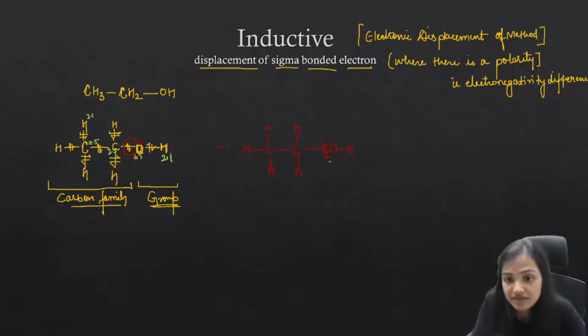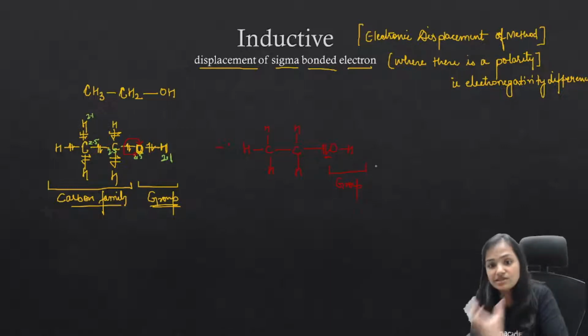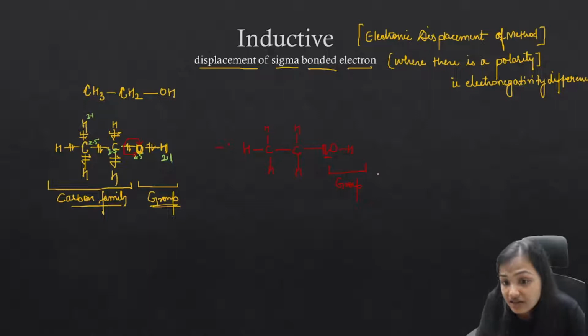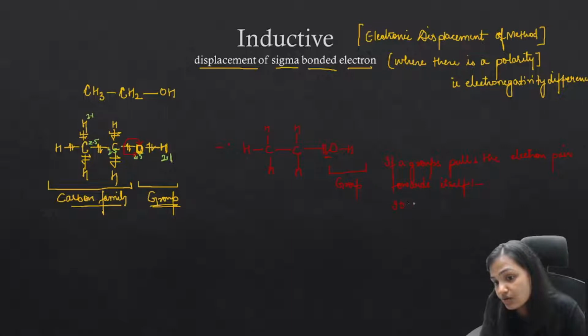Now if this is a group which I am talking about, and this group pulls the electron pair towards itself, it is known as electron withdrawing in nature.